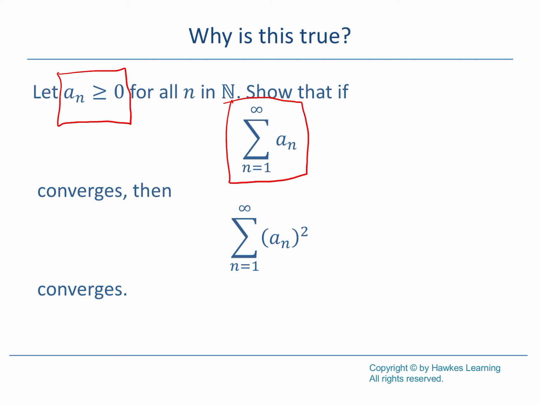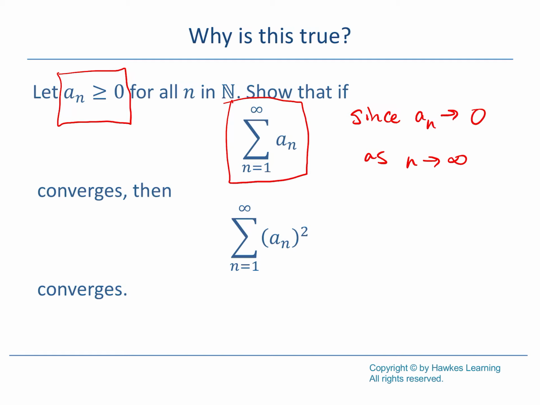But the big idea here is that at some point, since a_n has to approach 0 as n goes to infinity, we know that because it's a convergent series, right? The series terms have to go to 0 in order for the series to converge.